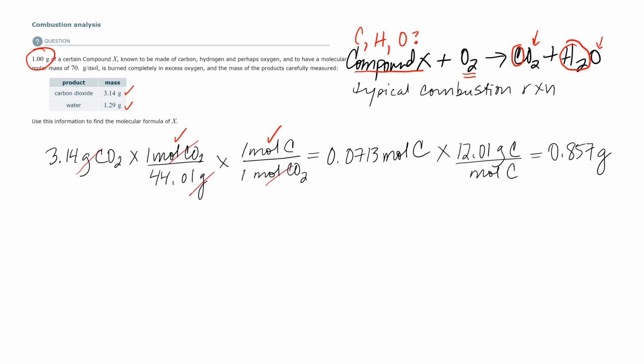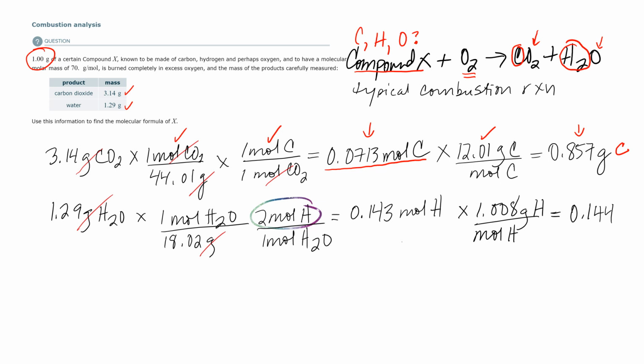So we use the mole to mole ratio, and we discover that we have 0.713 mole of carbon. Now, in order to get grams of carbon, we multiply by the molar mass of carbon, and we find that we have 0.857 grams of carbon. So we have 2 pieces of data that we're going to need before we're done.